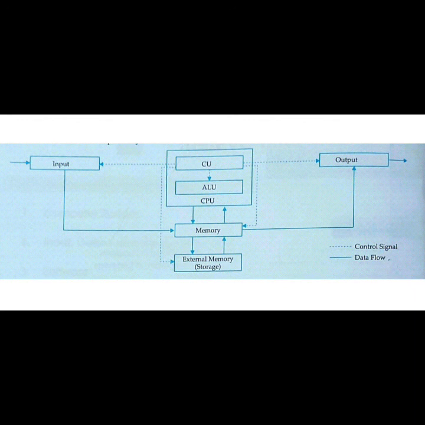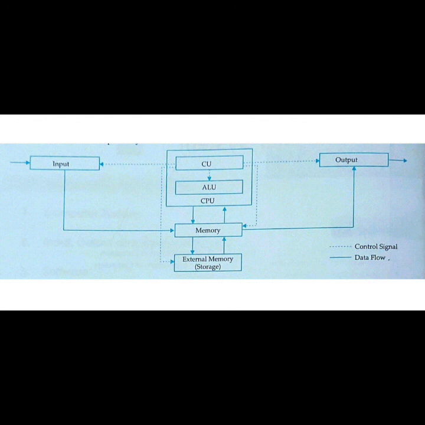Children, you can see in this figure, during the first stage, it reads the data and instructions using an input device and stores these into the main memory of the system, which is processed by the ALU, arithmetic logic unit, during the second stage. The results produced by the ALU are stored back into the memory unit.